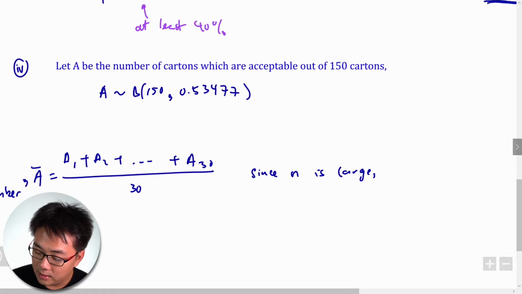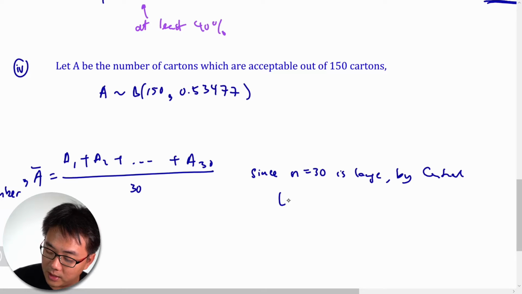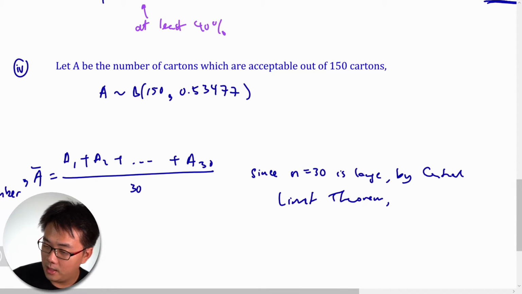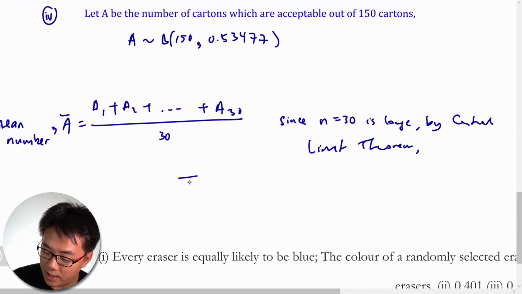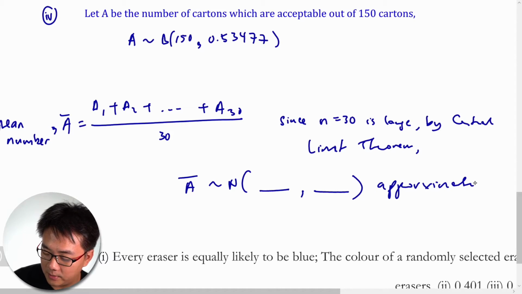So n equals 30 is large. By our central limit theorem, we can write A prime as approximately a normal distribution. You just need to write the word approximately behind.